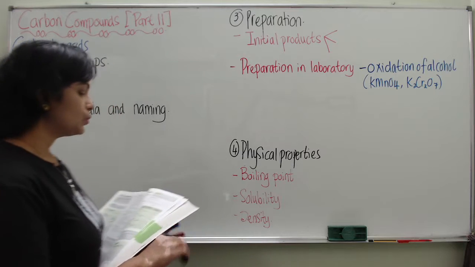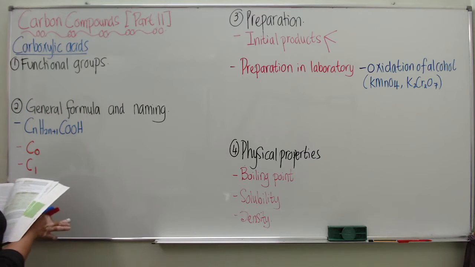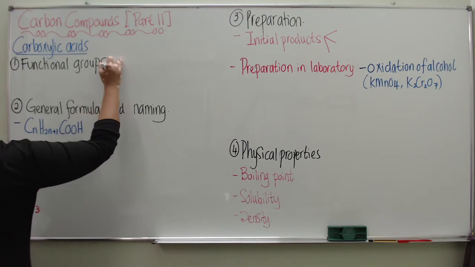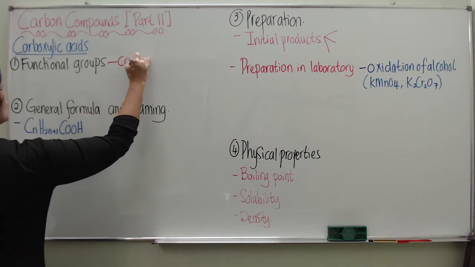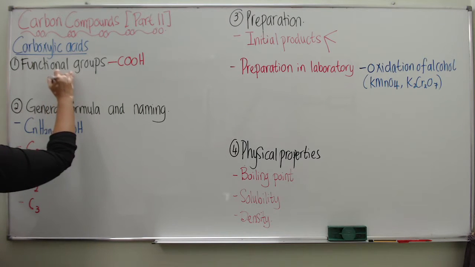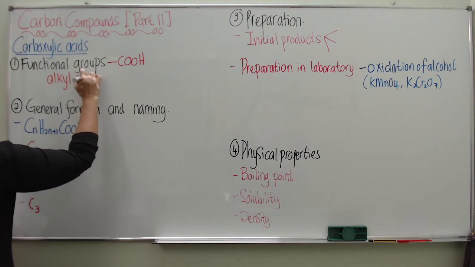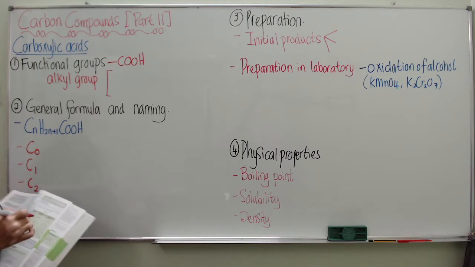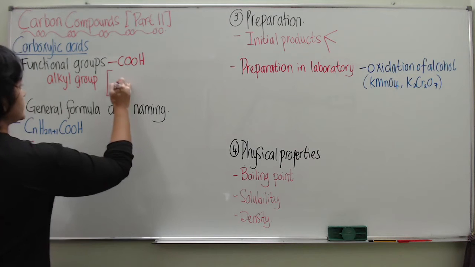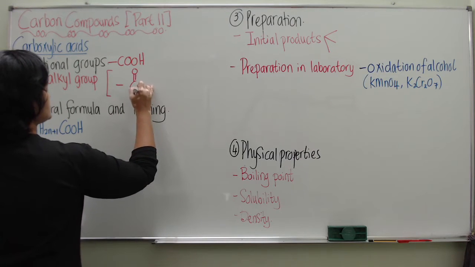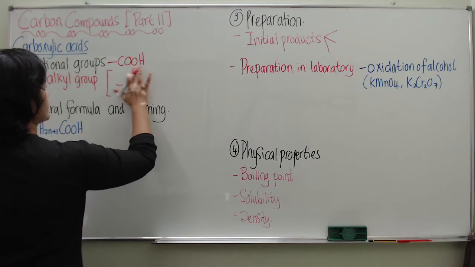As you know, carboxylic acid has the functional group of COOH, and the name of this is called alkyl groups. How are they written in structural formula is in this form, or we can even write like this.